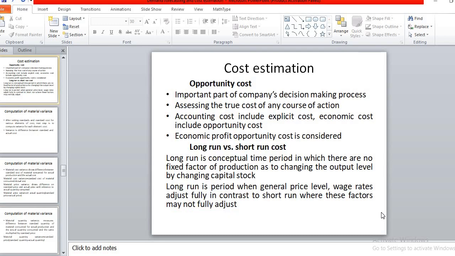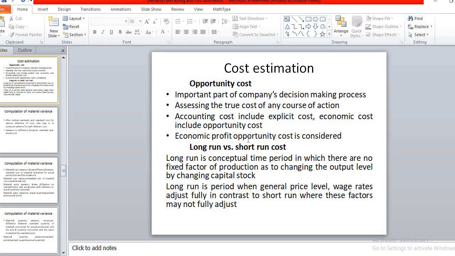So this opportunity cost is an important part of the company decision making process, assessing the true cost of any course of action. Accounting cost includes explicit cost, while economic cost includes opportunity cost. In economic profit, opportunity cost is considered.